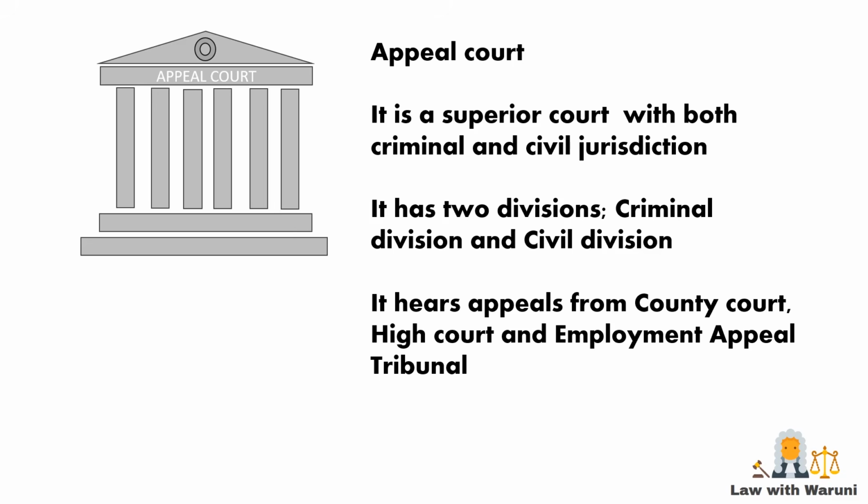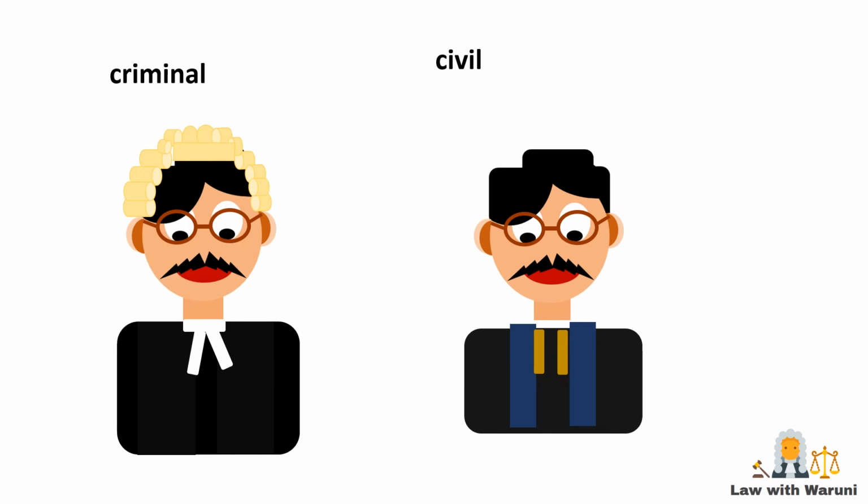The Lord Chief Justice is the head of the Court of Appeal Criminal Division and is also the head of the judiciary and the President of the Courts of England and Wales. He sits with Lords Justices of Appeal. This is the distinctive way of how they dress.